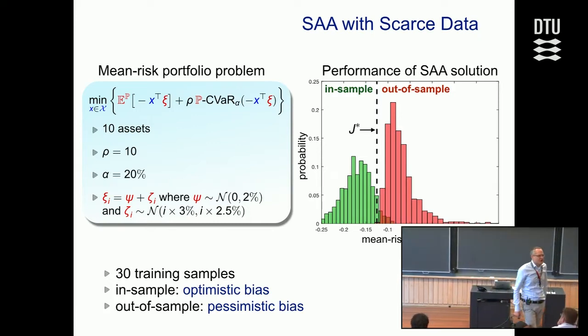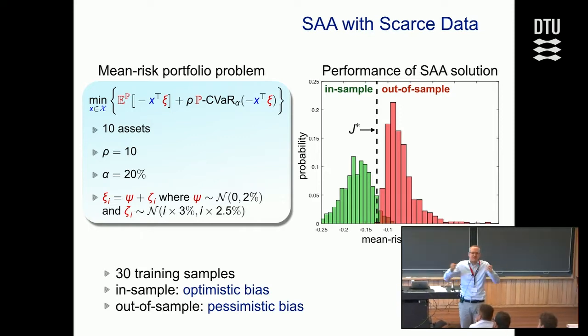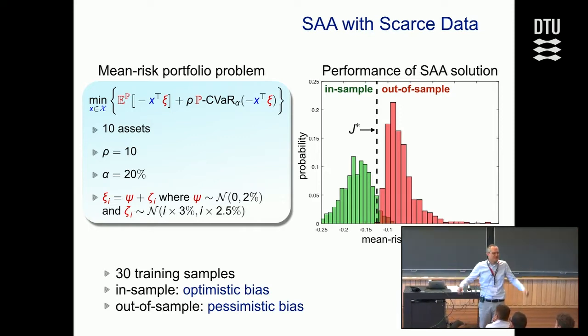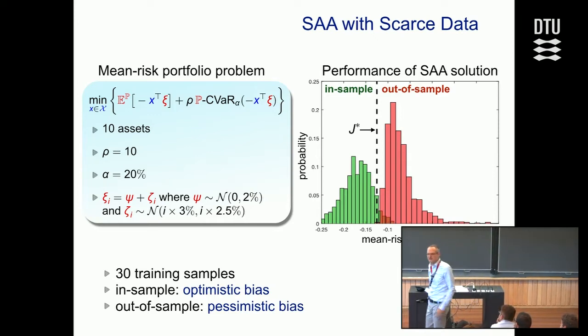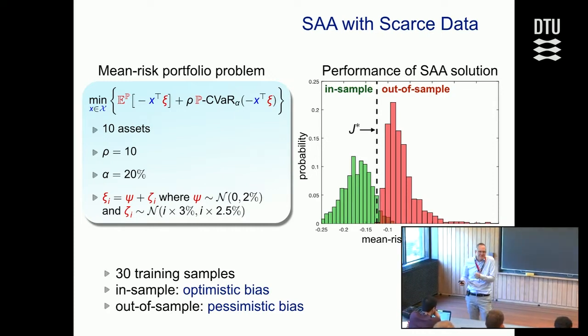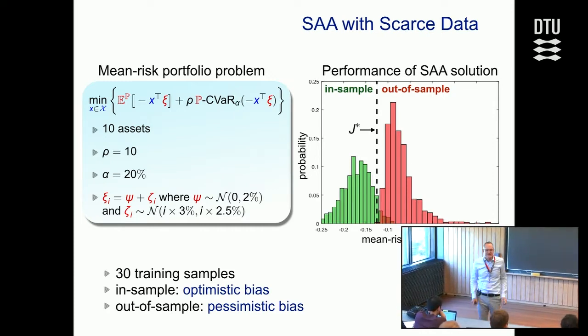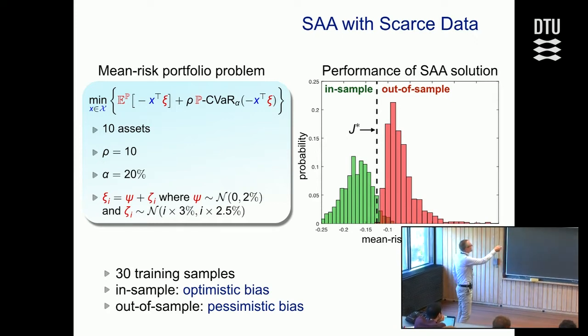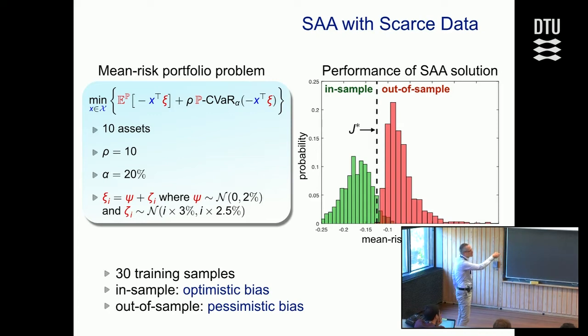So first thing to observe is that this histogram is very much spread out. So there is a lot of uncertainty about the solution that you get, and that should already make you suspicious. Okay? It's not a good sign. You want to solve a problem that has a unique solution. If you get many, many different solutions if you repeat the experiment, then probably something is fishy. The other thing is that actually I solved the problem also with the true distribution, which I know, right?